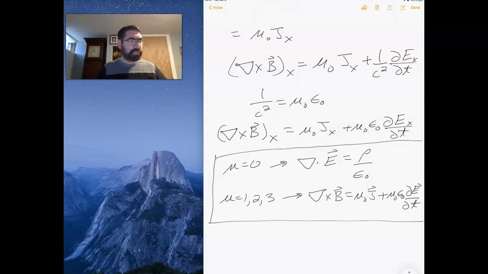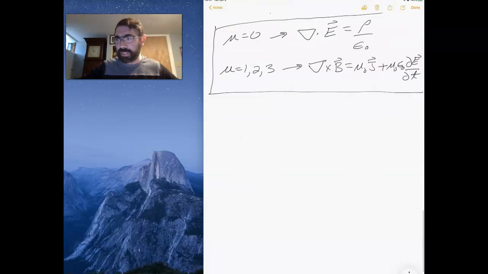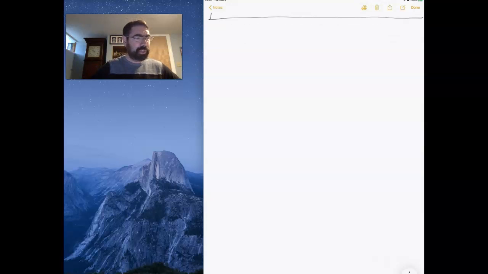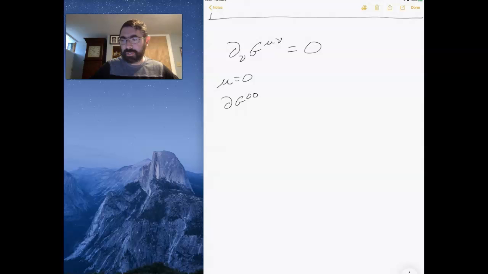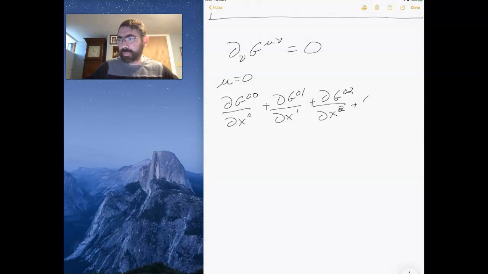Okay, so what else do we have? Well, we can take a look at the dual tensor. And the dual tensor we said was this equation right here. So now if I was to take mu equal to 0, then I would get the derivative of G00 with respect to x0 plus the derivative of G01 with respect to x1 plus the derivative of G02 with respect to x2 plus the derivative of G03 with respect to x3 is equal to 0.